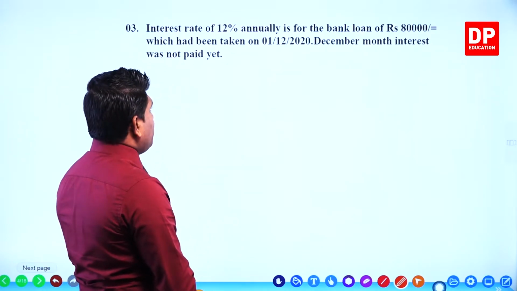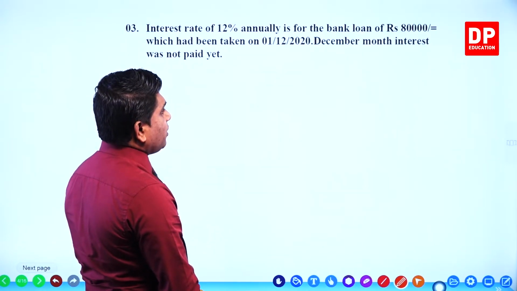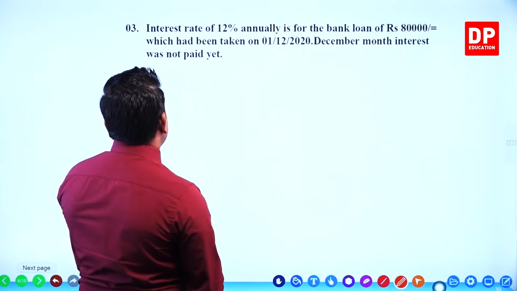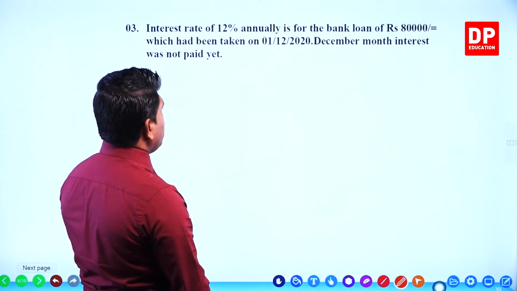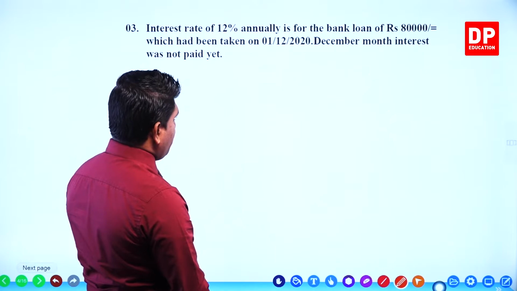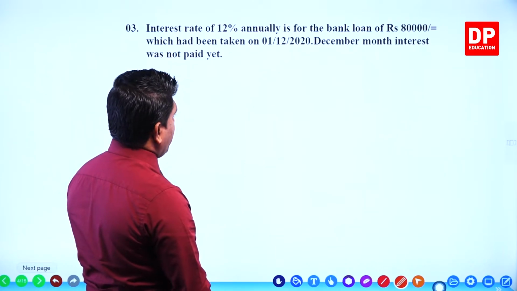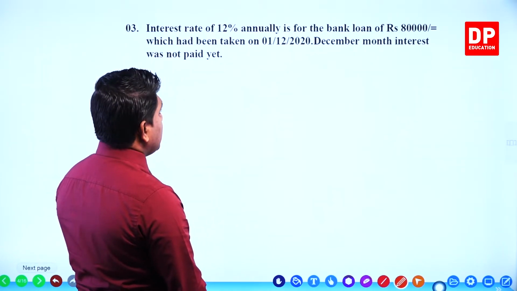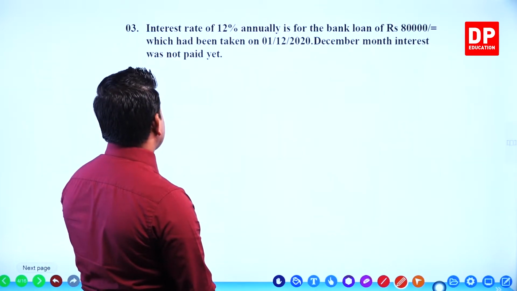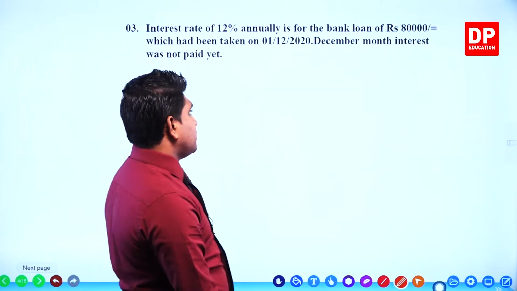Interest rate of 12% annually is for the bank loan of 80,000 which had been taken on 1st of December 2020. December month interest was not paid yet.